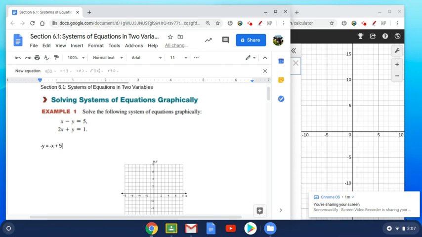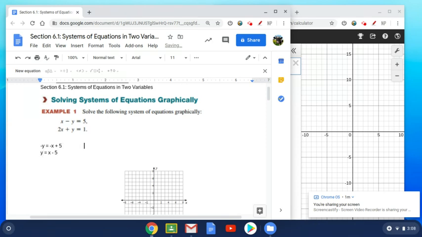So how do I take care of that negative 1 that's being multiplied right now? Well, I divide it by everything. So your final step here for getting y by itself would be to say y equals, divide everything by negative 1. So negative x, when I divide that by negative 1, is a positive x. Positive 5, though, when I divide it by negative 1, is negative 5. So there's my first equation with y by itself.